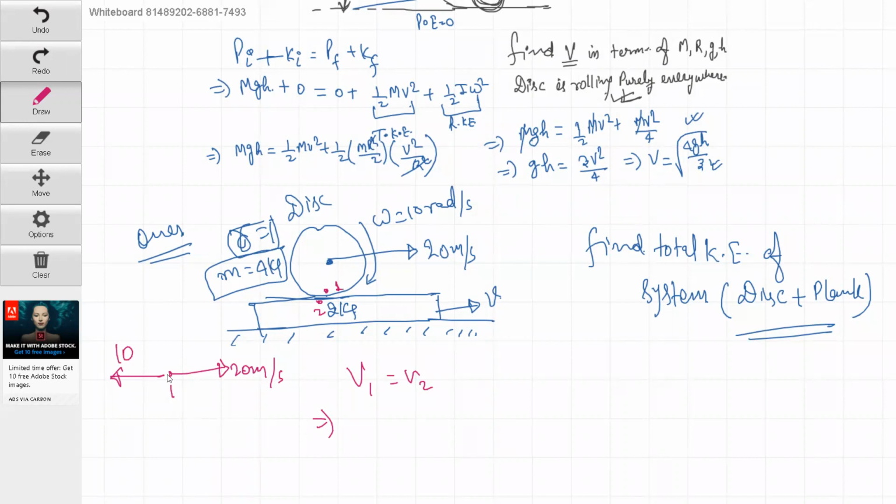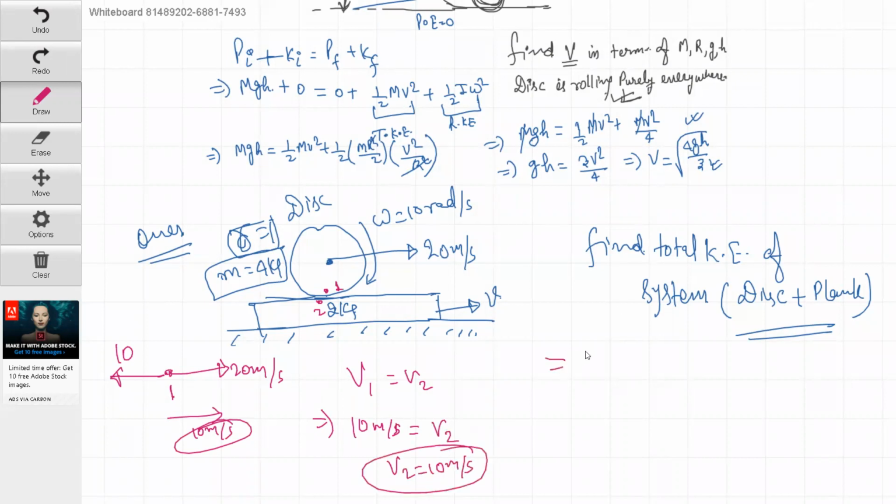So overall this point is moving in this direction with 10 meter per second. So v1 is equal to 10 meter per second, and v2 is also equal to 10 meter per second.